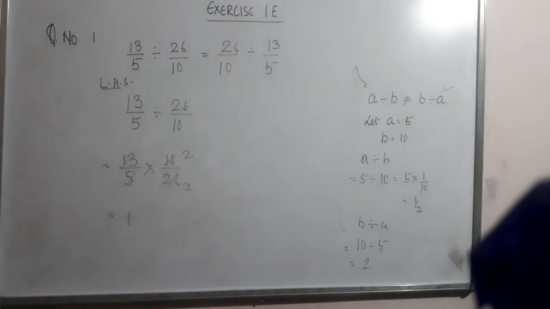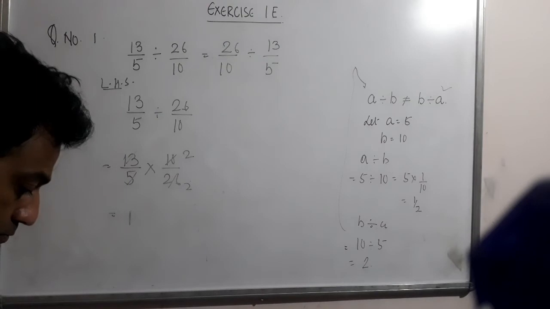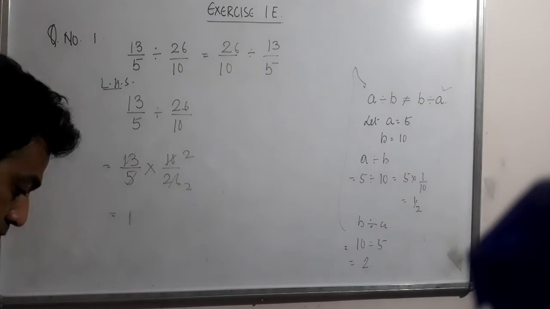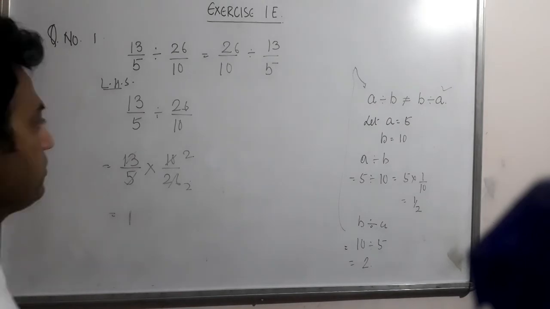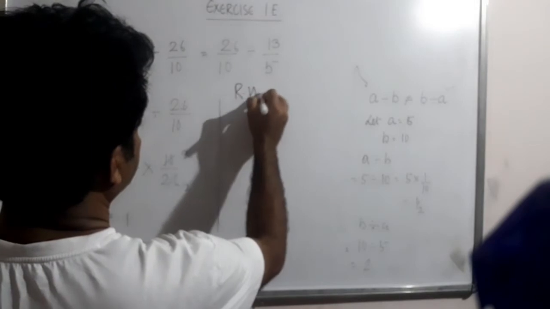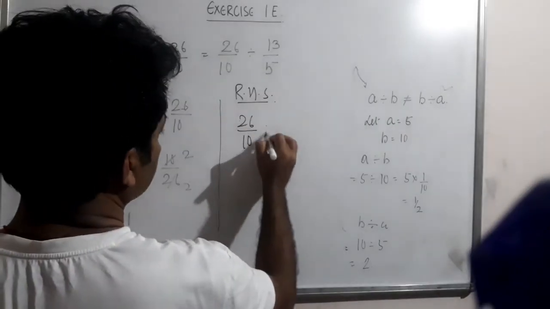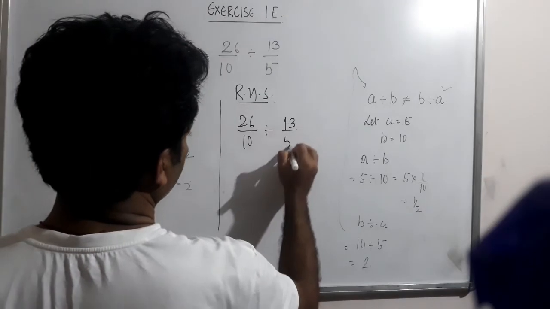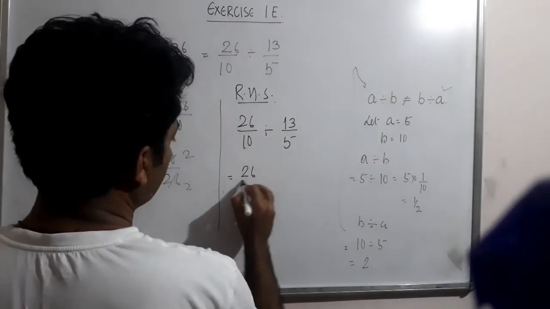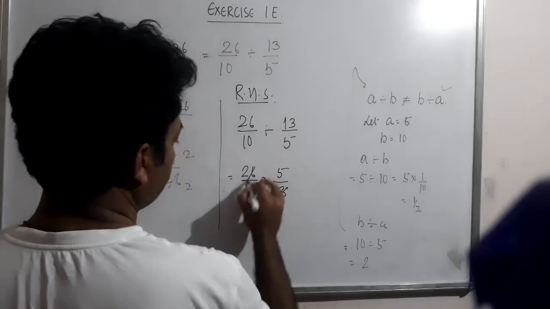Now what we will do? We will do the RHS part. In the RHS part, 26 by 10 divided by 13 by 5 is equal to 26 by 10 into 5 by 13.